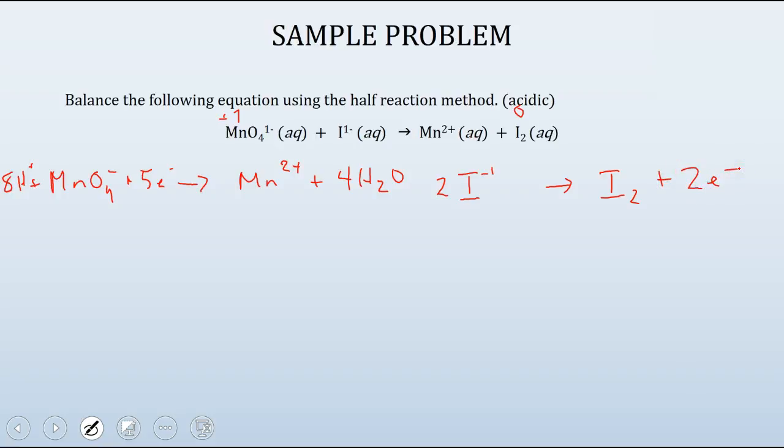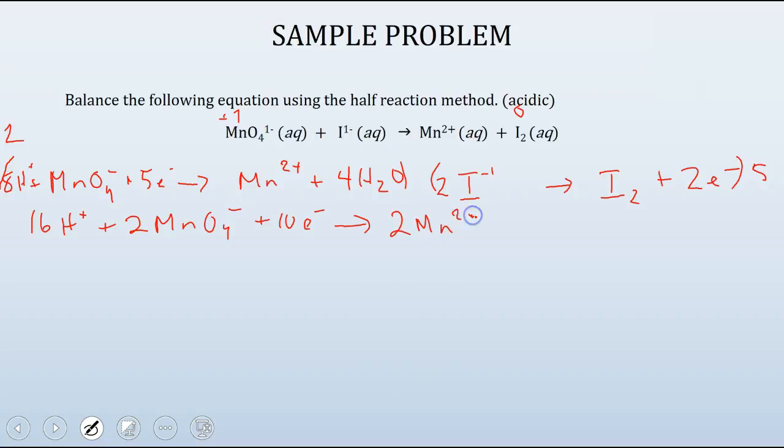Well, we see our electrons are not okay. So what we're going to do is this side is going to be multiplied by 5, and this side is going to be multiplied by 2. So I'm going to get 16 H+ plus 2 permanganate ions plus 10 electrons, and that's going to yield 2 manganese 2+ ions plus 8 water.